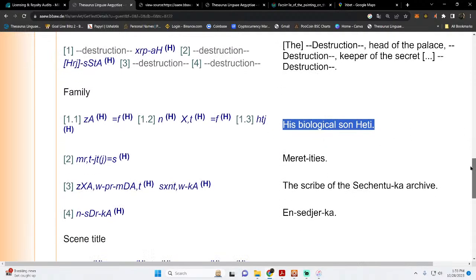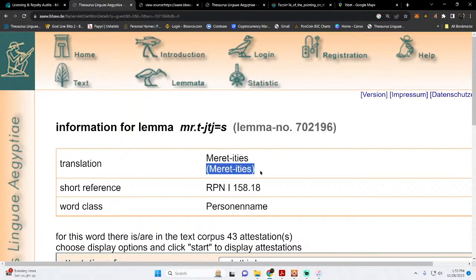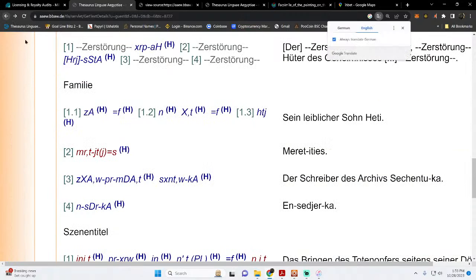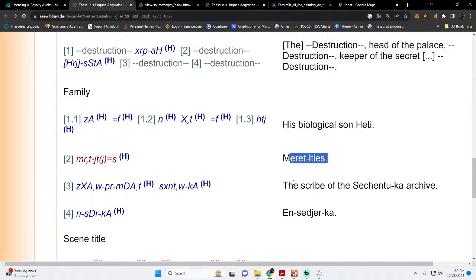And it says Maret Itis. Over here it says Maret Iti, so that would mean one who comes. This is a woman. The beloved one who comes. Maret is beloved, Iti is to come, and S makes it feminine. So this is the beloved one comes.